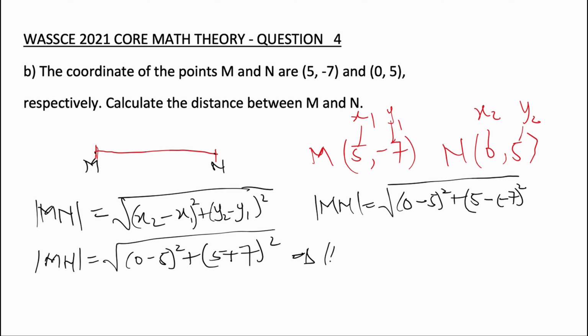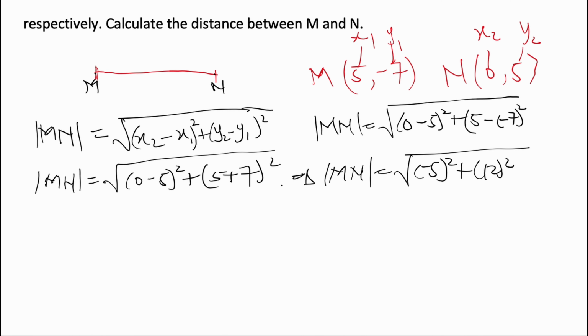This will be equal to 0 minus 5 will be -5, all squared, plus 5 plus 7 will be 12, so 12 all squared. So our MN will be equal to the square root of -5 squared, which is 25, plus 12 squared, which is 144.